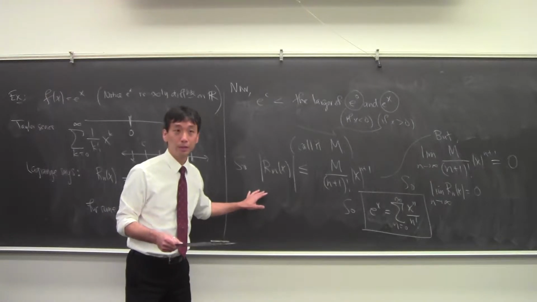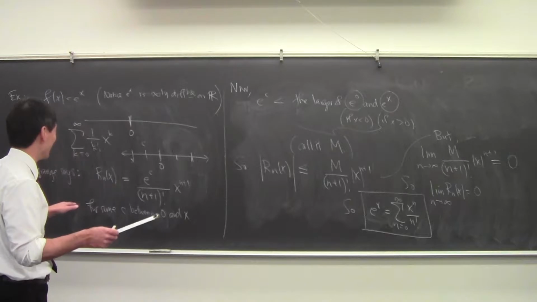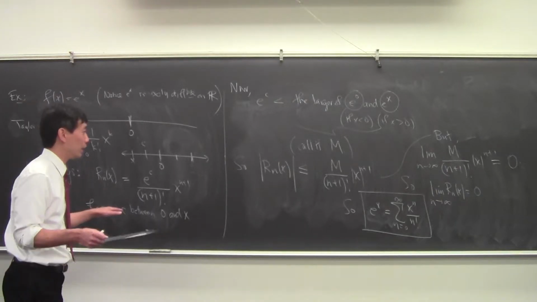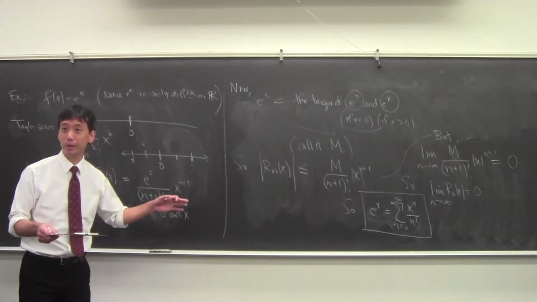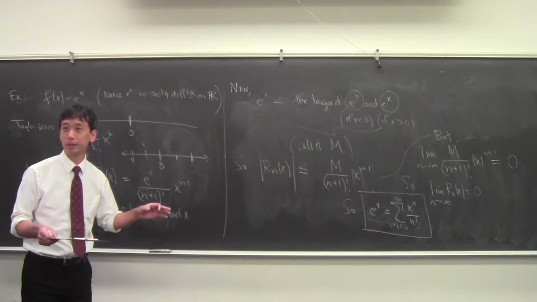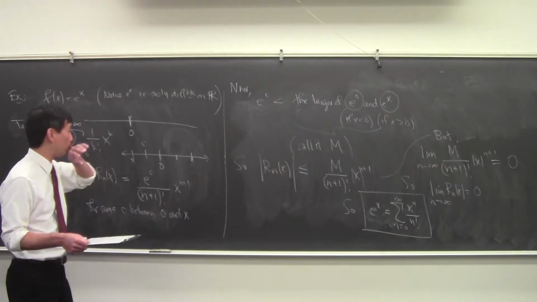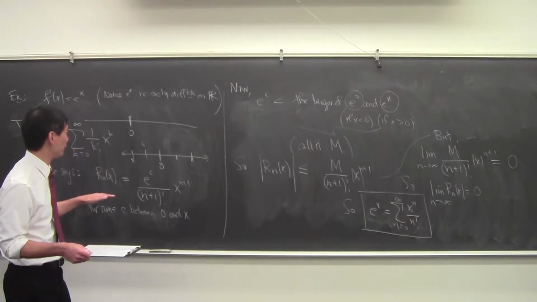So this is how you use the Lagrange Remainder Theorem to show that the power series, the Taylor series, actually does return you your function.